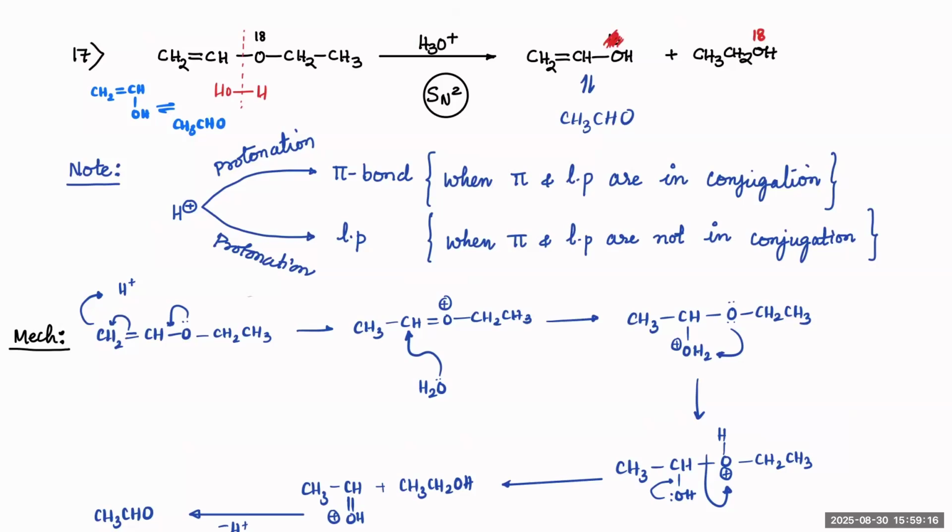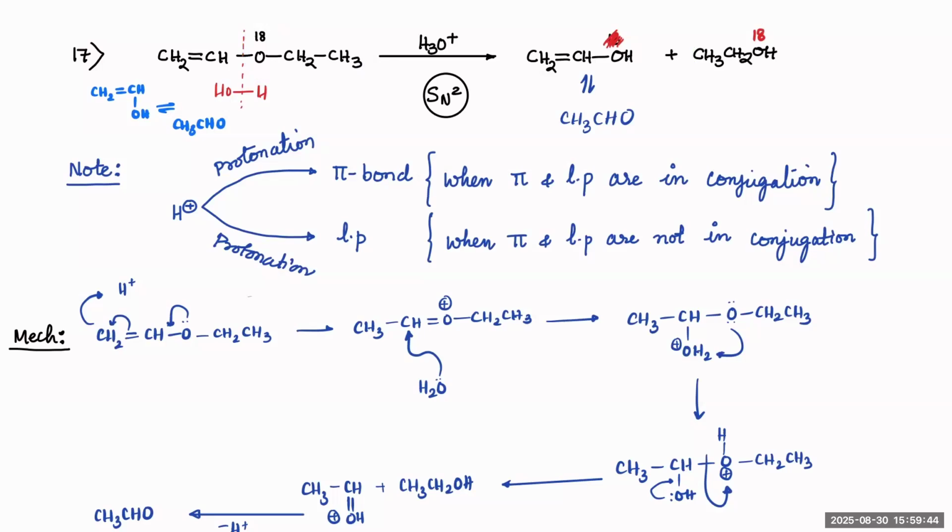You break it on the vinyl side, giving OH on the double bond side and H on the oxygen side. If you do so, you'll get a CH2OH group here, and that will tautomerize to form an aldehyde, and on this side you will get an alcohol. Clear? This is a shortcut to remember.